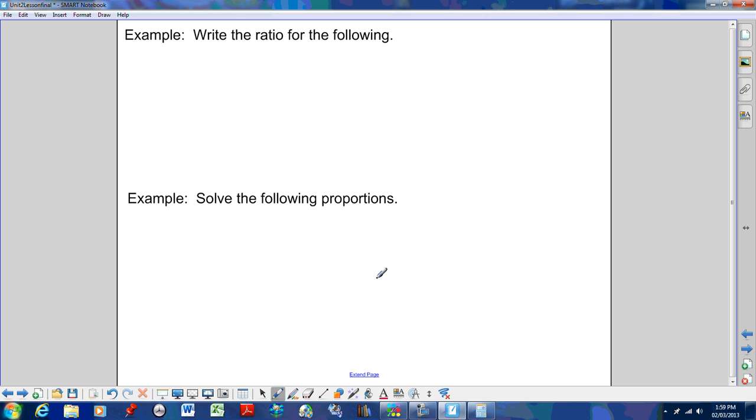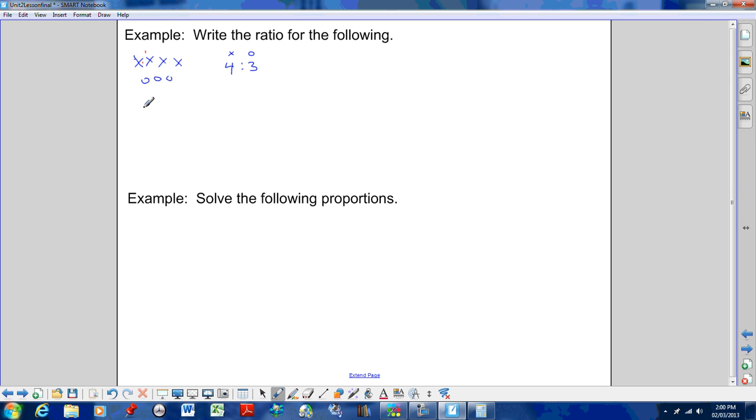So the first thing we want to talk about is just writing the ratio for the following. Let's go with X's and O's. So what would the ratio be here? Well, the ratio would be 4 to 3, and that is X's to O's.